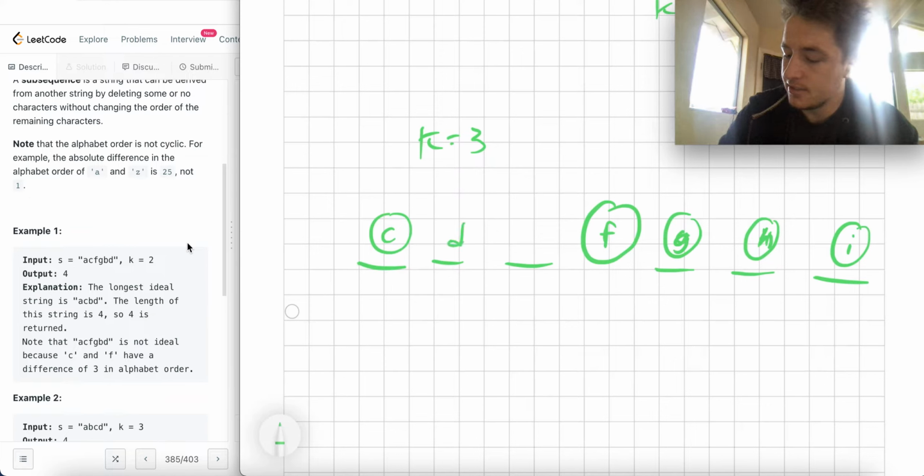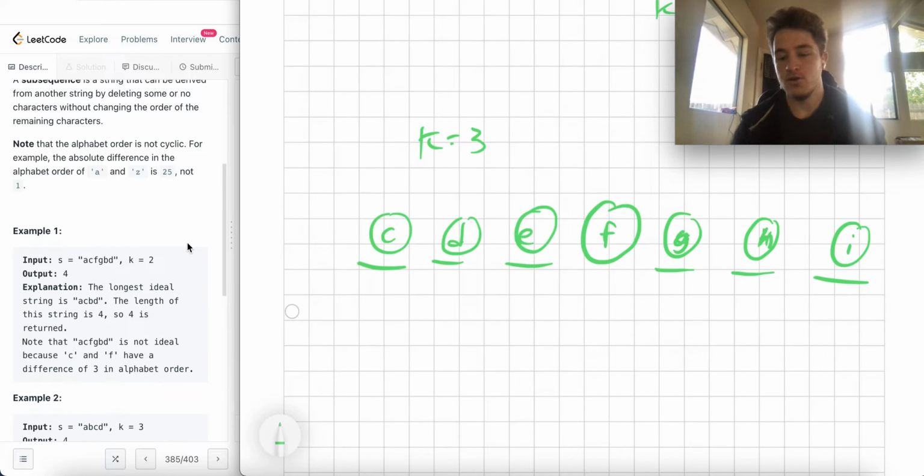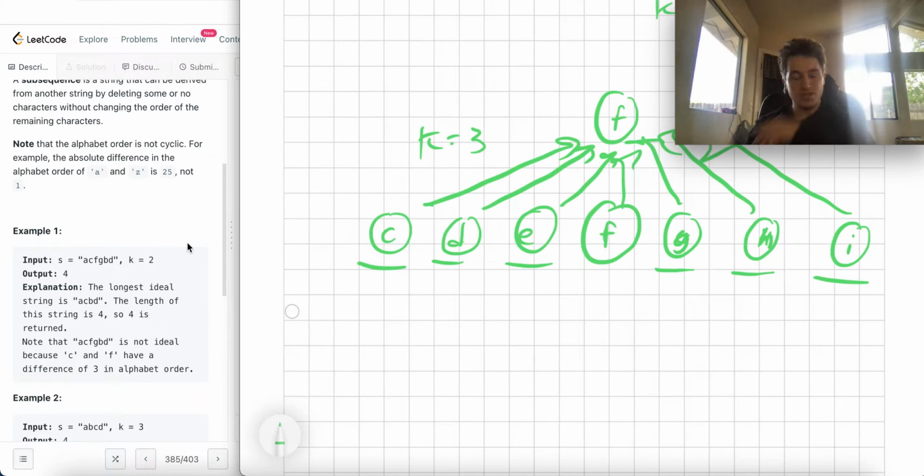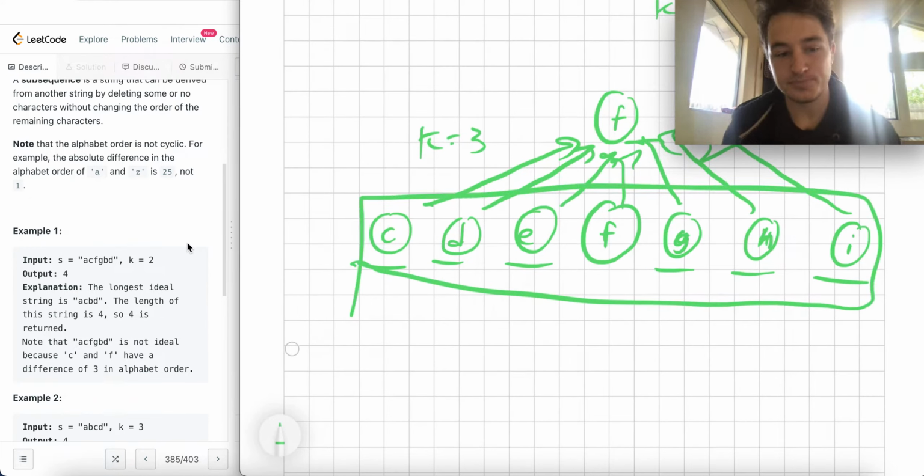So just by giving information about F, I know that it can only attach to one of these letters. Why am I making this distinction? Instead of looking at all the subsequences that came before me, I only look at the subsequences that came before me within this range.